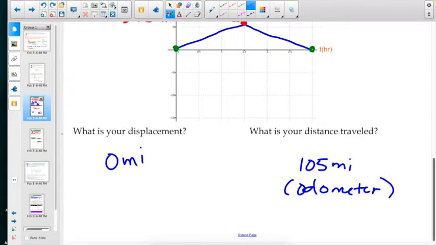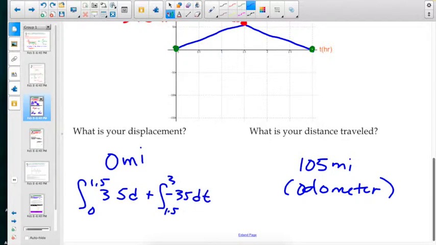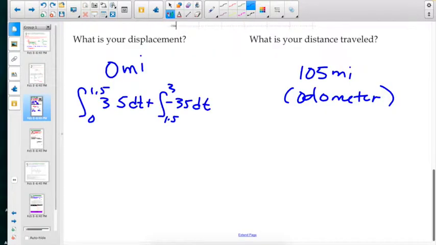So if the above expression, I'm just going to rewrite the above expression. Wait a minute, I forgot a T there. If that represents 0, then what can we write using calculus to represent 105?